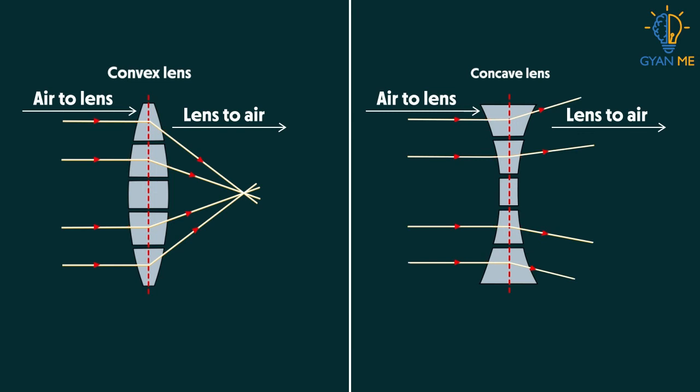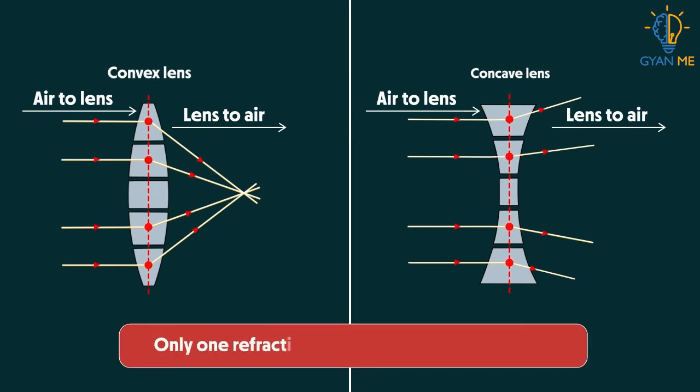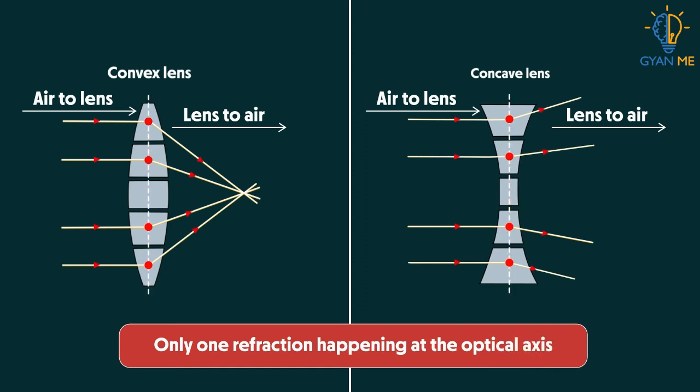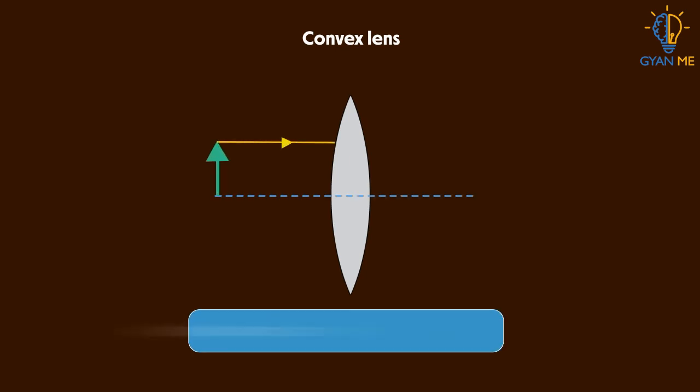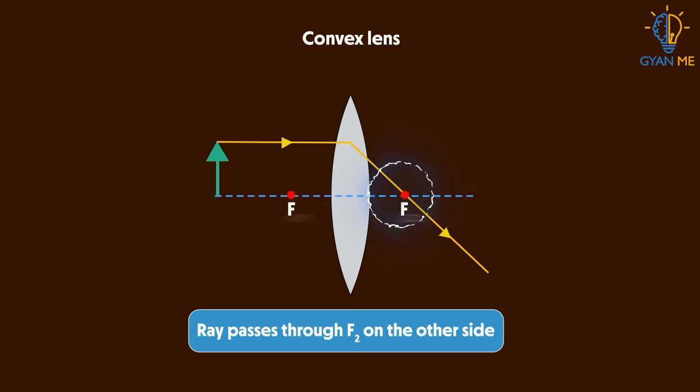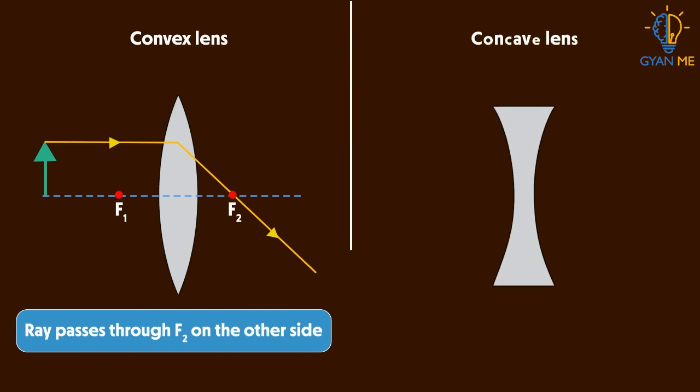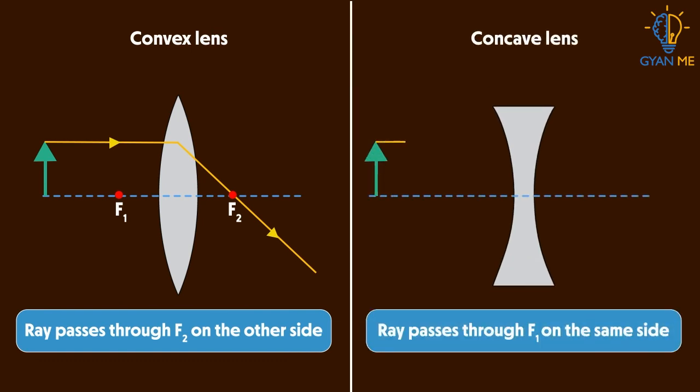But yes, we consider here only one refraction for simplicity, happening at this optical axis of the lens, due to which the direction of the light rays changes after refraction. For the convex lens, observe that the refracted ray that is emerging out of the lens actually passes through f2 on the other side, while for the concave lens, it appears to pass through focus point f1.